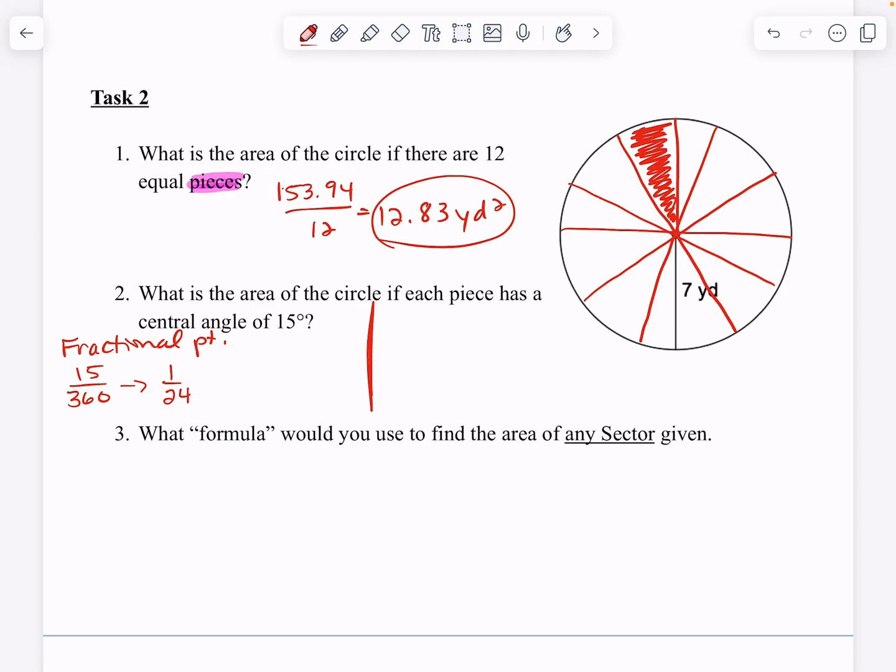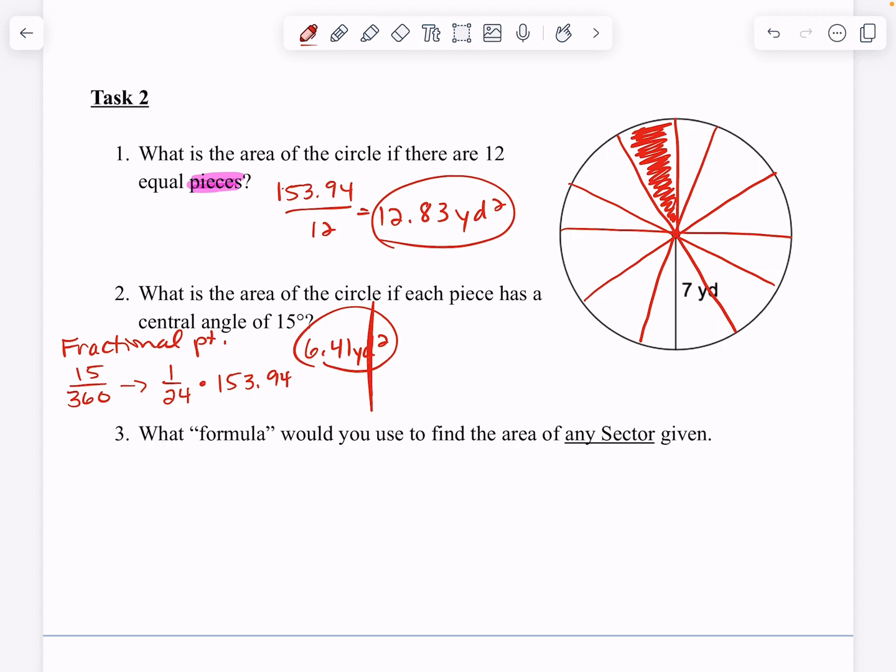And then I would just multiply it by my area, 153.94. So I could then figure out that the area of this piece of 15 degrees is 6.41 yards squared.